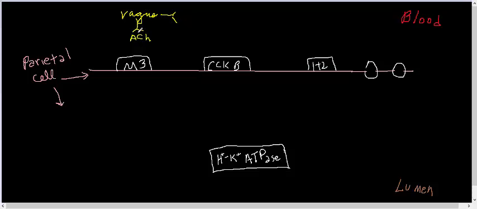So, via the direct process, vagus nerve releases acetylcholine, which is a neurotransmitter, and it will stimulate a muscarinic receptor, M3, on the basal portion of the parietal cell. That's the portion of the cell that faces the blood.